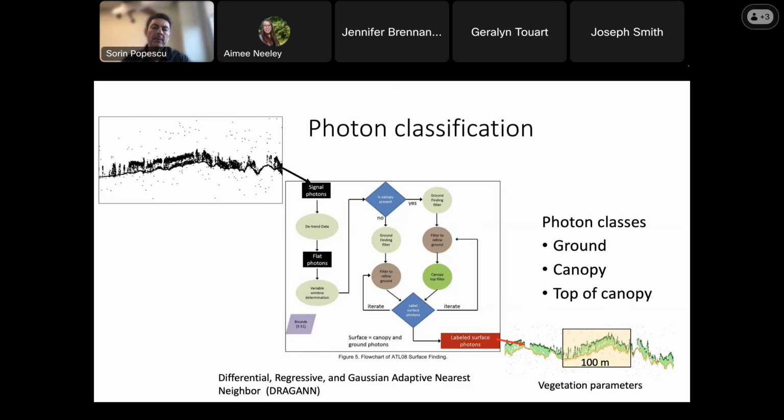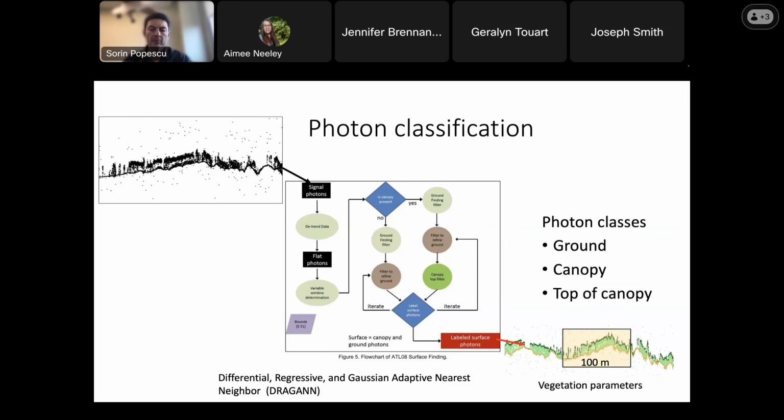This photon classification is actually implemented through an algorithm that is called DRAGON. It stands for Differential, Regressive, and Gaussian Adaptive Nearest Neighbor, developed by Amy Neuenschwander at the University of Texas.